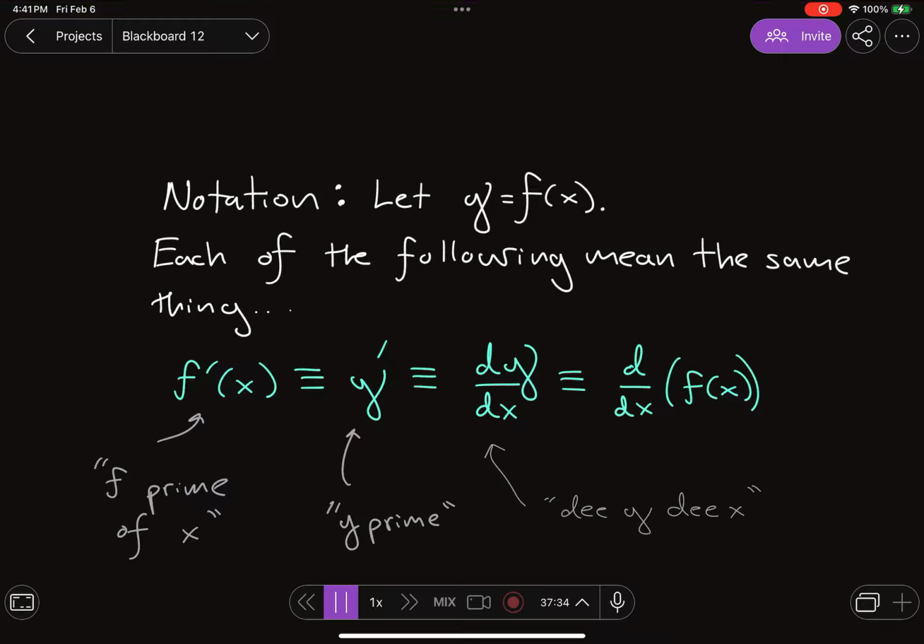So that's like a phonetic pronunciation. And this is the derivative with respect to x of f of x. So derivative with respect to x of f of x. All of these objects mean the same thing.